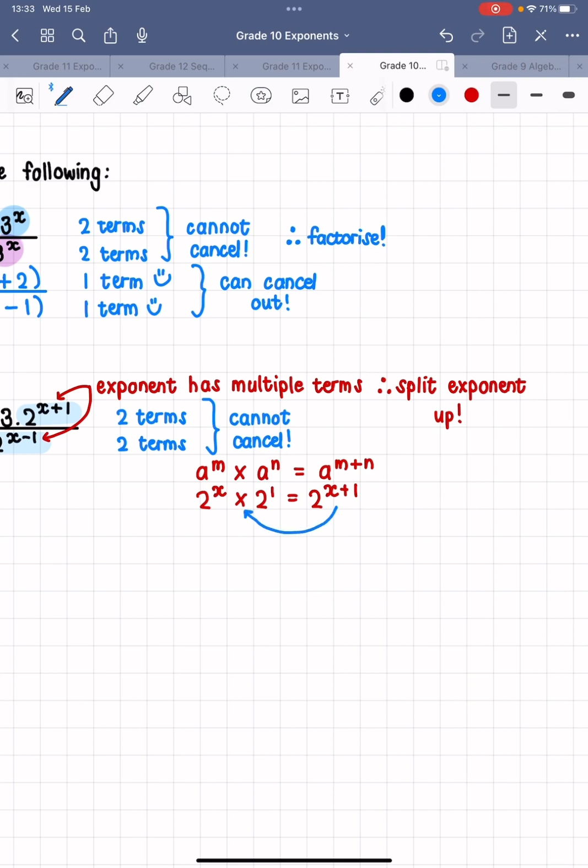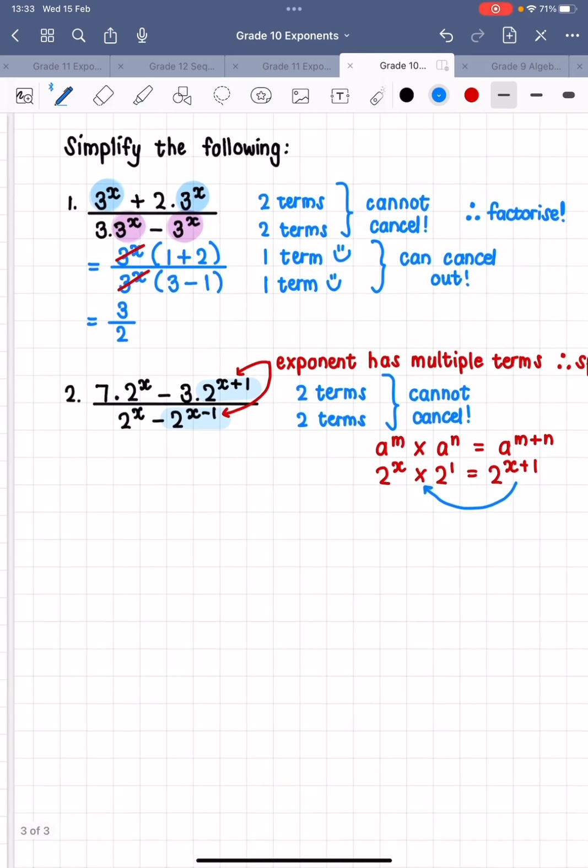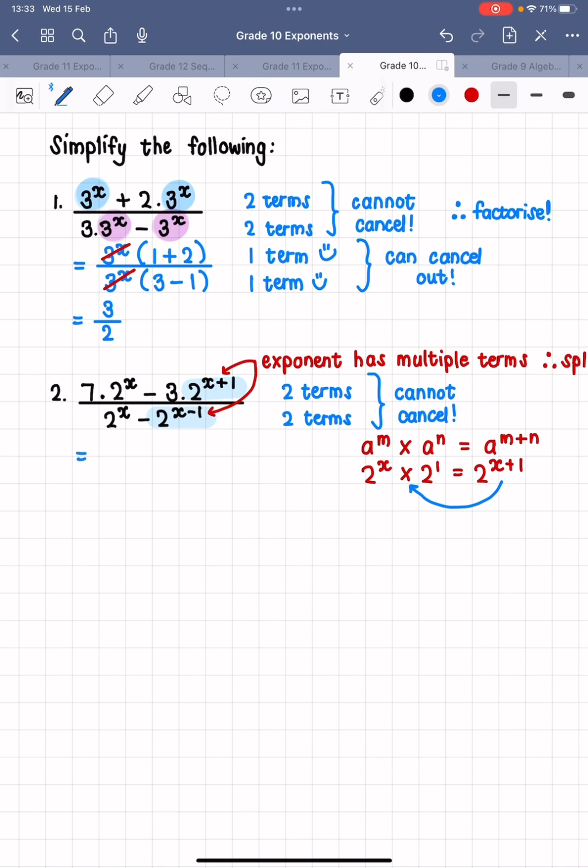We are now going to start with a single base of 2, multiple terms in the exponent, which we are then going to split up into two separate bases of 2. The one exponent is going to be x, and the other base of 2 is going to have an exponent of 1. All right, so from there, let's do that. We're going to say we have 7 times 2 to the power of x. I don't have to split up this first exponent because it only has one term in the exponent.